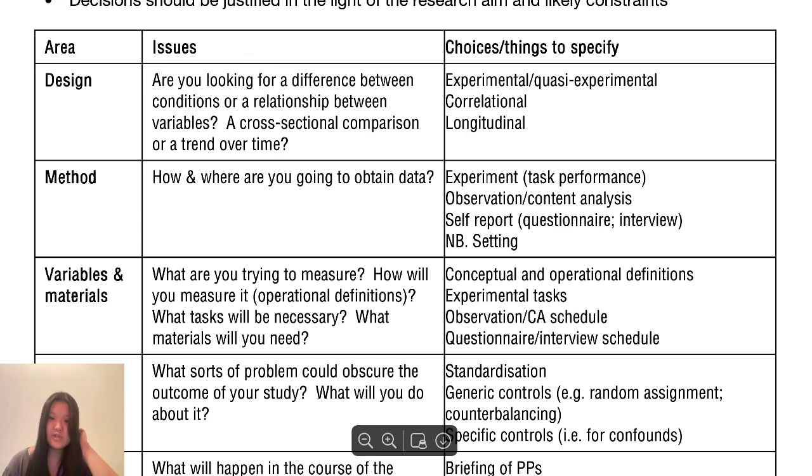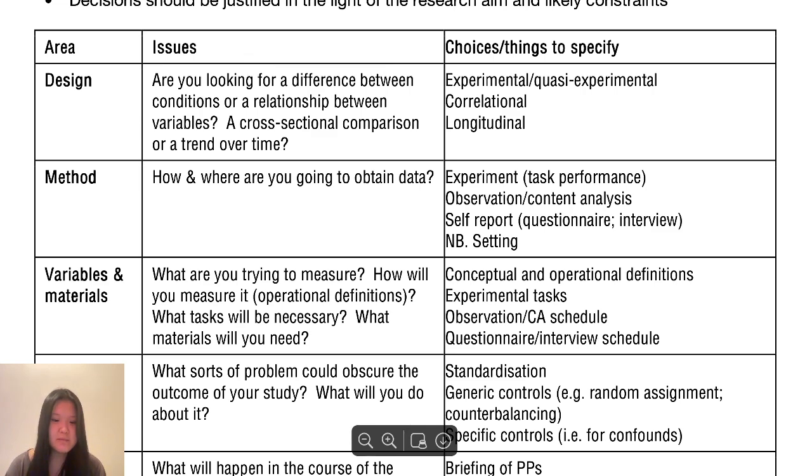For issues, for design, you can summarize it into short phrases. So maybe: are you looking for a difference between conditions or a relationship between variables? I know this is quite long, but you can try to summarize it as we go.